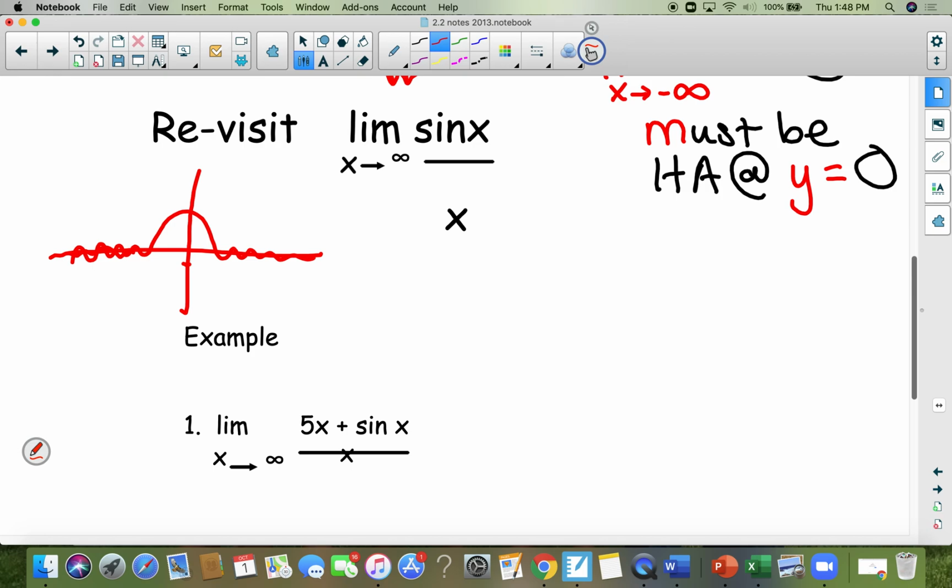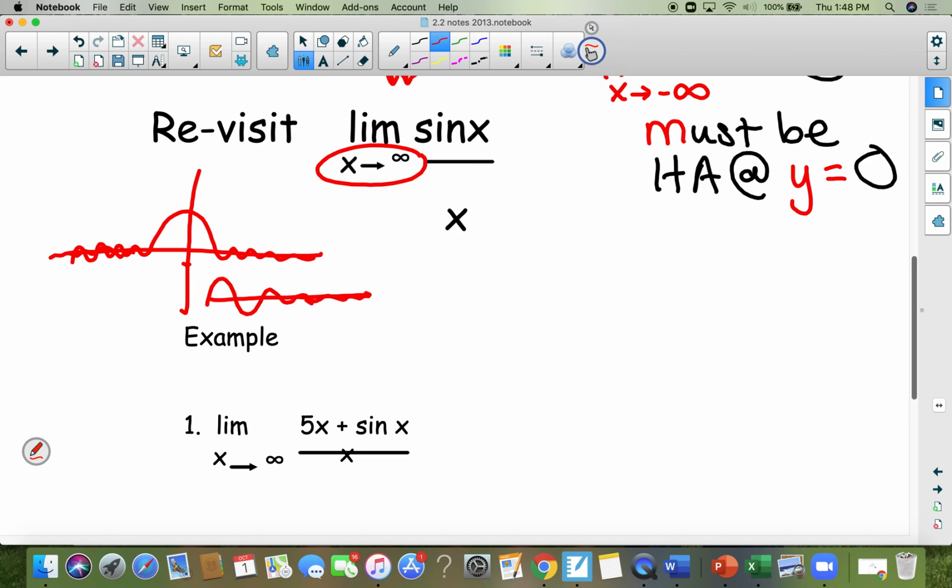Now we're looking as x approaches infinity. As x is getting bigger and bigger, it looks like this, but it's not the best. And then, do you see what it's doing? Isn't it flattening out?